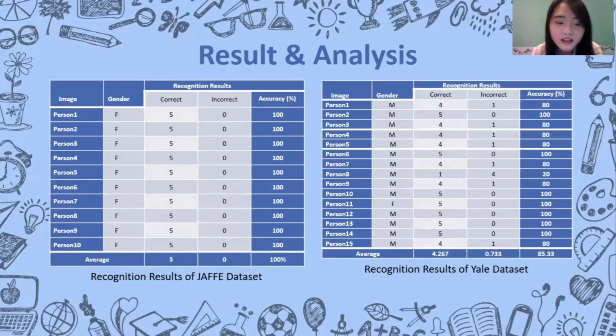Then, these are the results of the JAFFE dataset and the Yale dataset. On the left side is the JAFFE dataset with accuracy 100%, and on the right side is the Yale dataset with 85.33%.